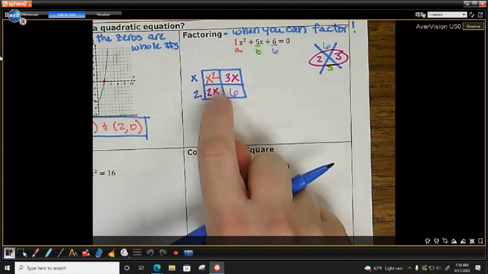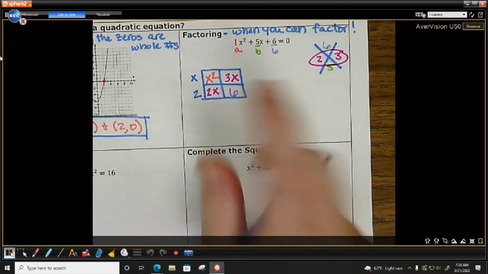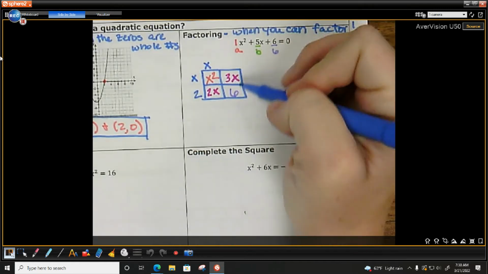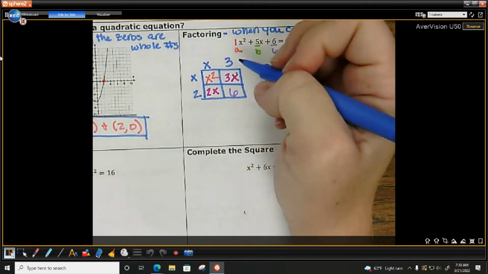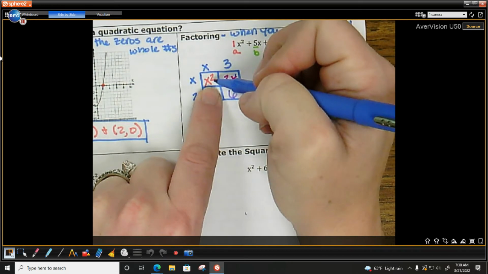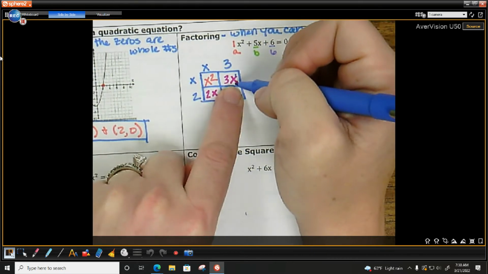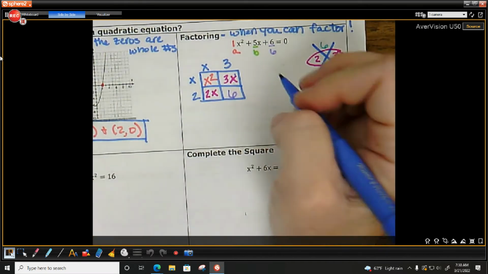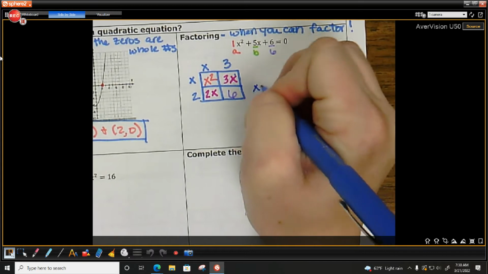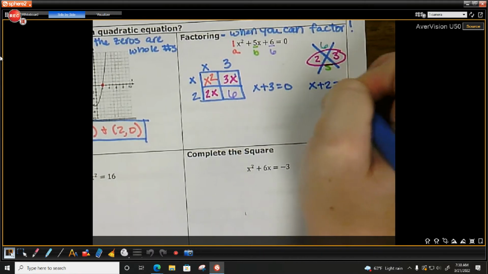But these have an x, and 3 and 6 are both divisible by 3. Remember to check yourself. X squared. X times 2, 2x. X times 3, 3x. 2 times 3 is 6, so we factored correctly. So it's x plus 3 equals 0, and x plus 2 equals 0.